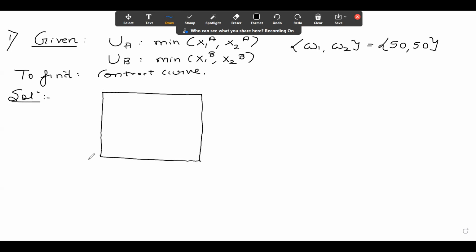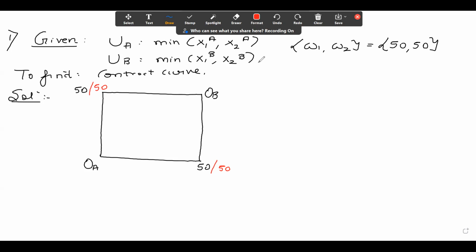Okay, this is the origin of agent A. This is the origin of agent B. Okay, from A's side, this is 50. This is 50. And if you turn your pages, guys, from B's side also, this is 50. So I will be using the red color for B, and I will be using the black color for A. Okay, so from B's side also, this is 50 and 50 respectively.